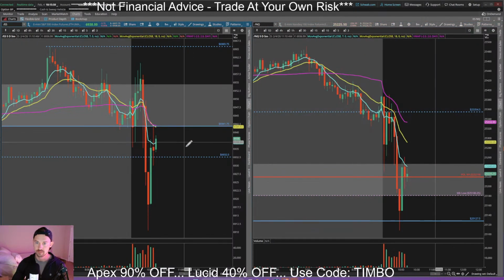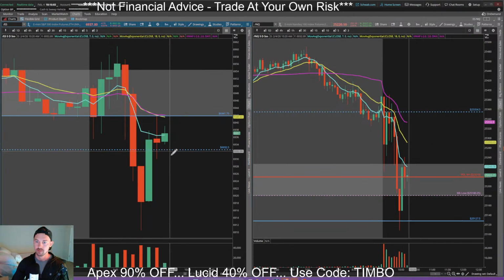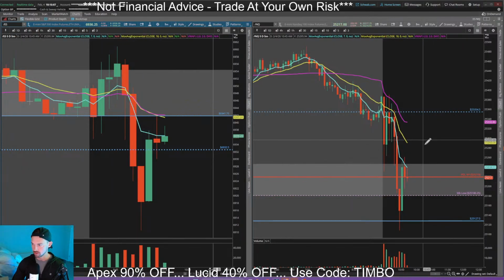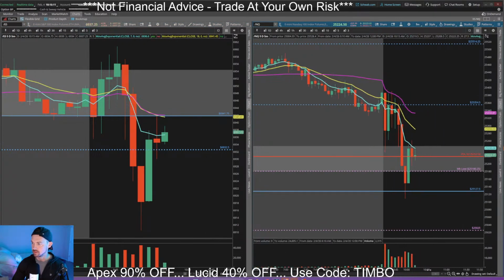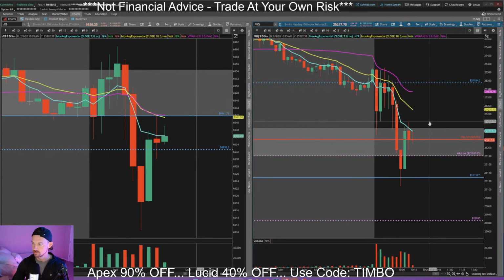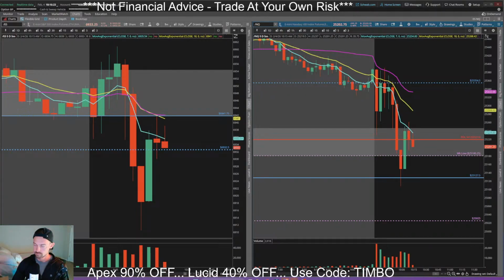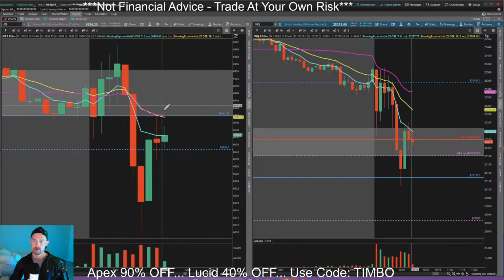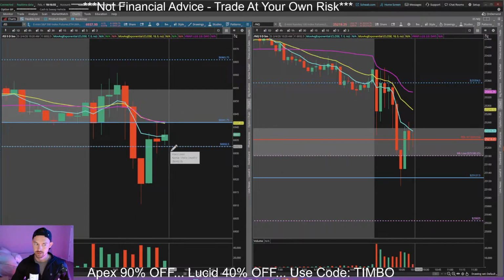Let's check out the 5-minute. Let's see if ES can get back underneath this 32. I still like the shorts, but just this volatility is tough to trade in, even using 2 micros. See, ES is kind of holding up above 32. See if we can get back under that to try one more time at a short.